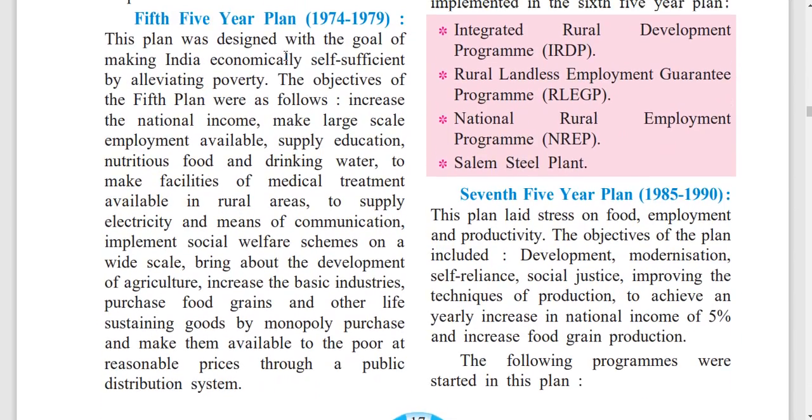Fifth five-year plan, 1974 to 79. This plan was designed with the goal of making the Indian economy self-sufficient by alleviating poverty.